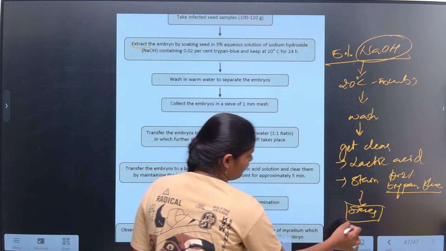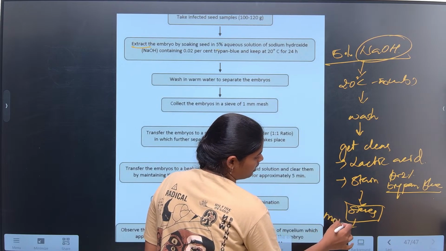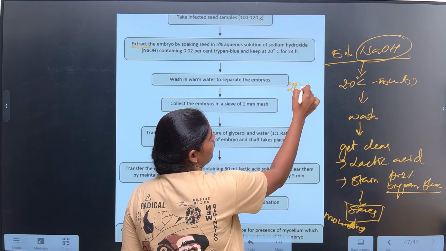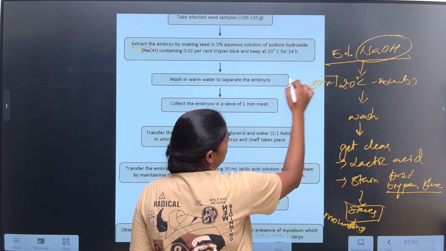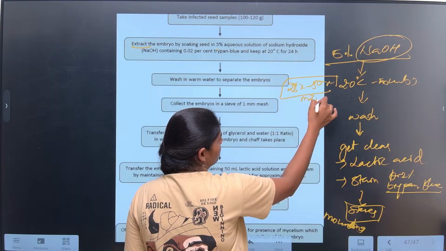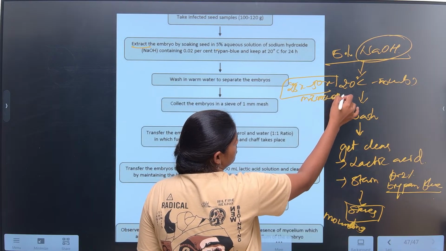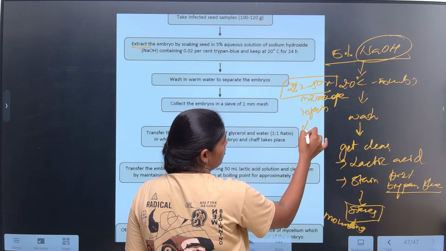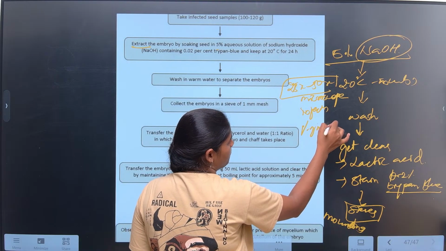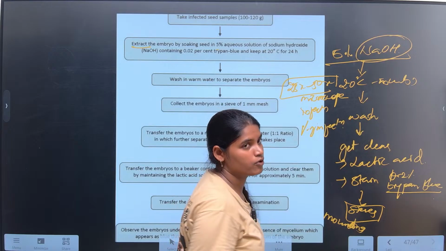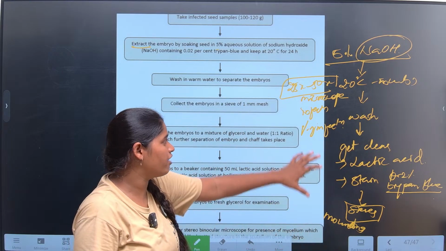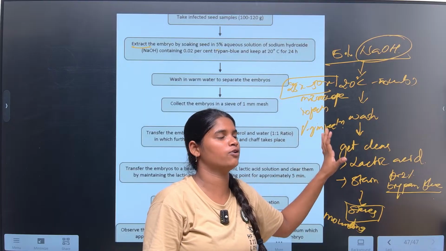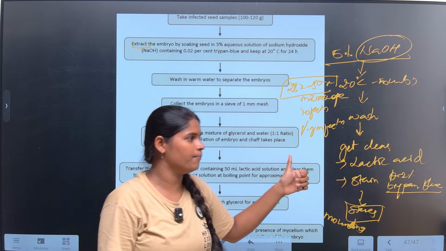Then we prepare mounting slides. We examine under 25x to 50x resolution of the microscope. Based on the infection, we calculate the percentage of infection. This is the procedure for whole embryo count, where we extract the embryo and examine only the embryo. That is why it has this name.